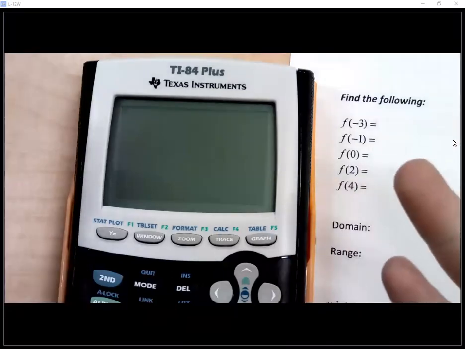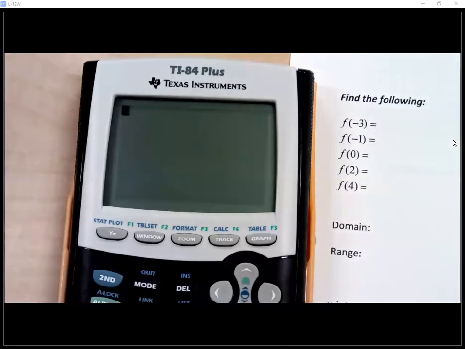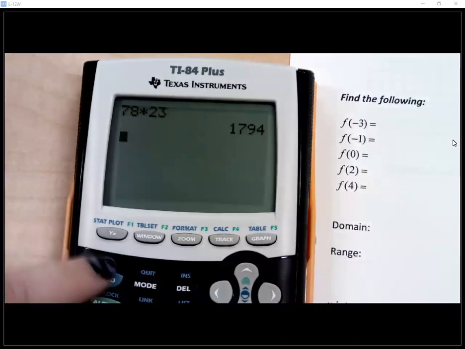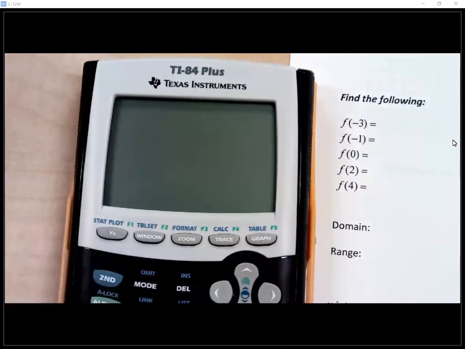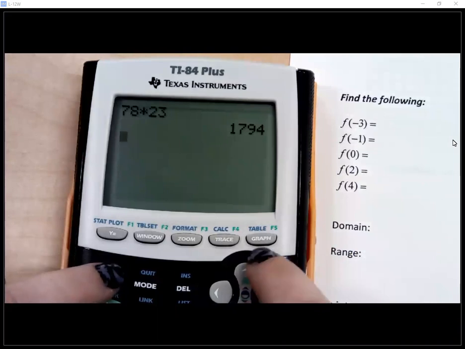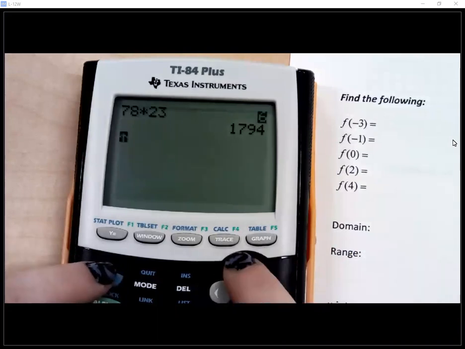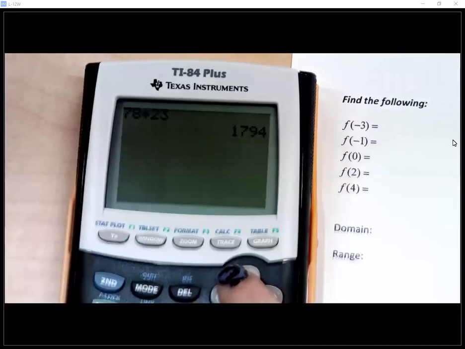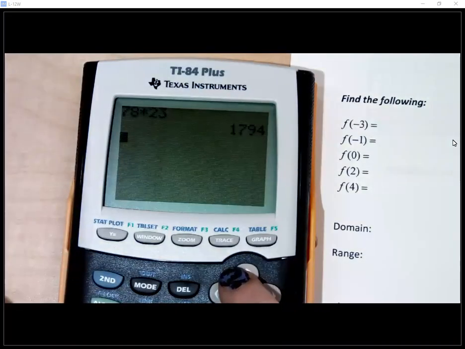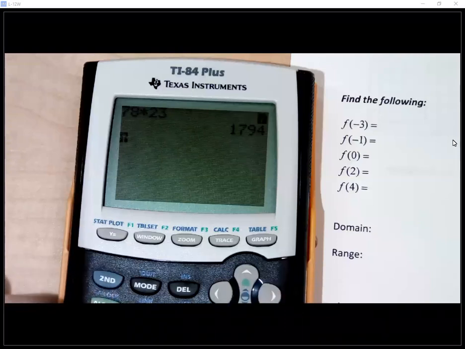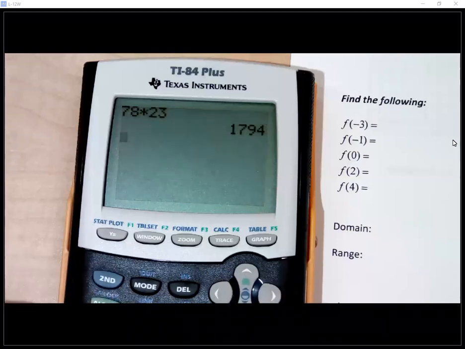If I do 78 times 23, whatever, and then shut the calculator off and turn it back on, whatever the last person did, you will see showing up there. Let me change the brightness on this. If when you turn your calculator on, there's a whole bunch of stuff that doesn't apply to you, just clear it. You don't need it. There we go. Now we can see a little bit better.